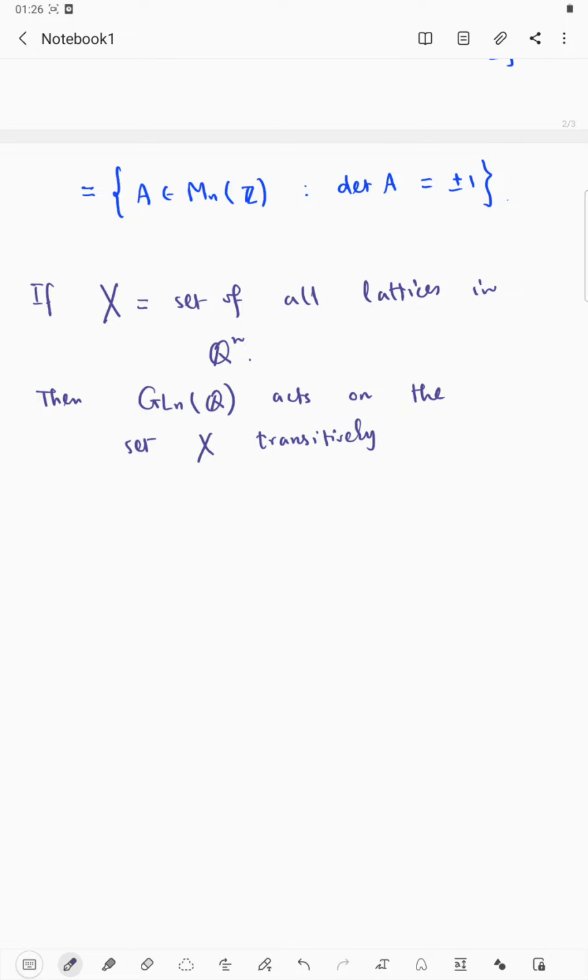A reference for this is any standard book on algebra.